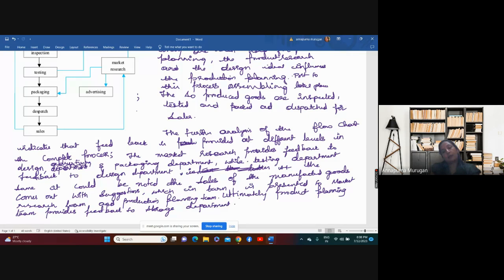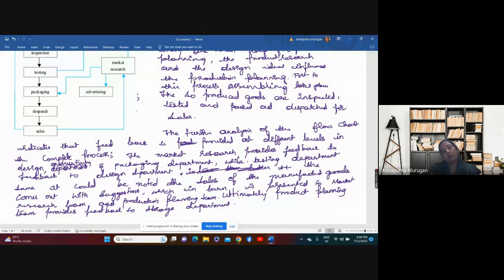Okay. So now I'll read the second paragraph out for you guys. The further analysis of the flow chart indicates that feedback is provided at different levels in the complete process; the market research provides feedback to design, advertising, and packaging department, while testing department feeds back to design department. It is feeds back, it is not feedback.